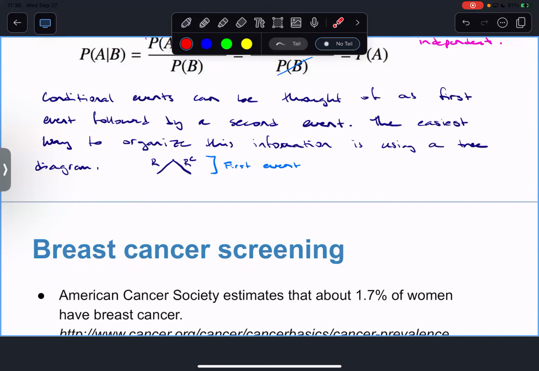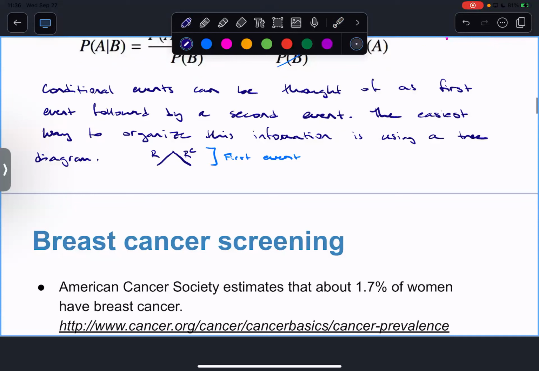So the first event is drawing a red card. Then the second event, let's do it in green: it either is a heart or it's not a heart, and it doesn't matter if I drew a red initially or not.